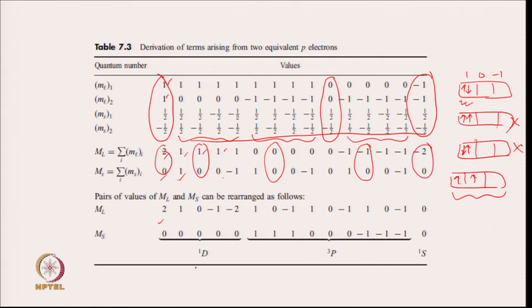So, these 5 combinations will give you the 1D term. Now, go and look at 1 1. So, where is 1 1?